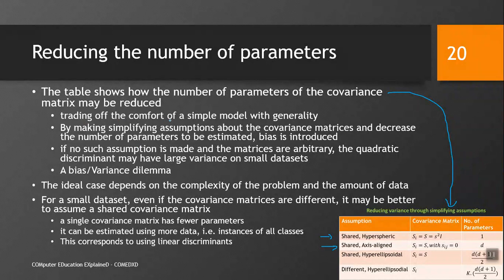Trading off the comfort of a simple model with generality. By taking simplifying assumptions about the covariance matrix and decreasing the number of parameters to be estimated, bias is introduced. This point says that if we move toward a simple model, bias has more effect on it as compared to the complex model.